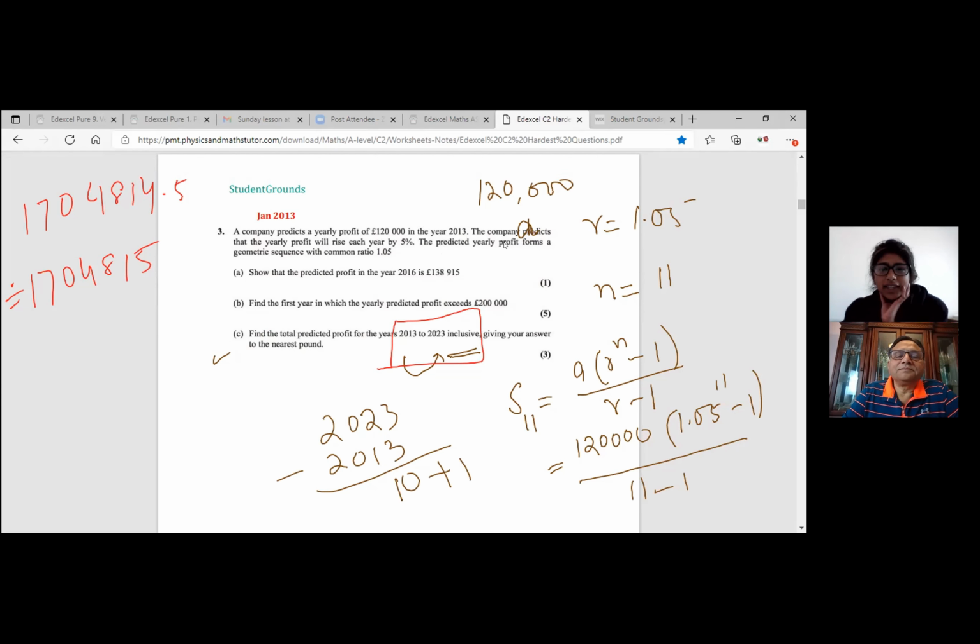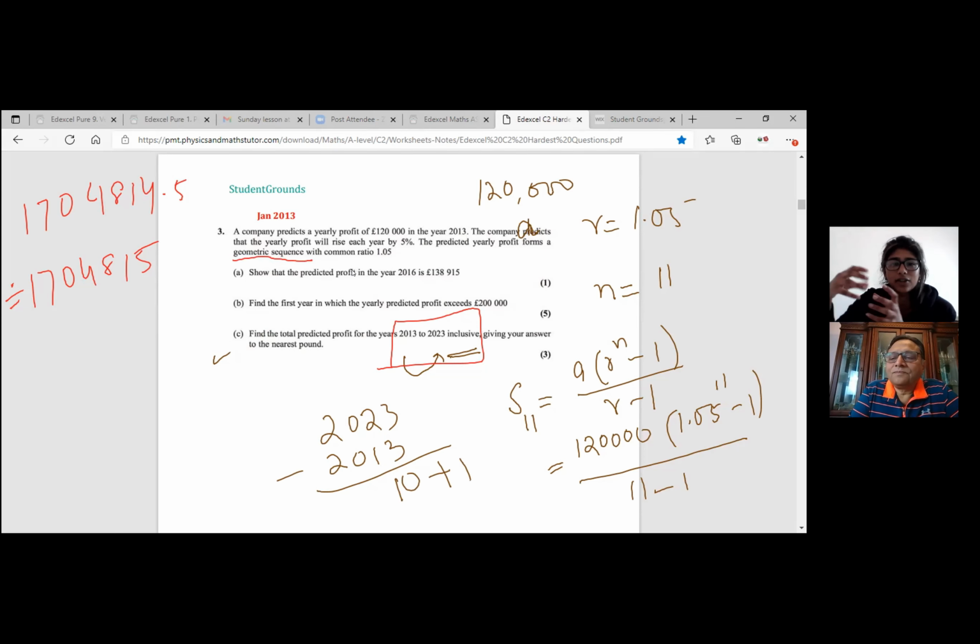The question stated that the predicted yearly profit forms a geometric sequence, so we decided to define our variables following how a geometric sequence works. Because the first term in a geometric sequence is always n equals 1, we made 2013 n equals 1, the first year. So it didn't change any of our answers.